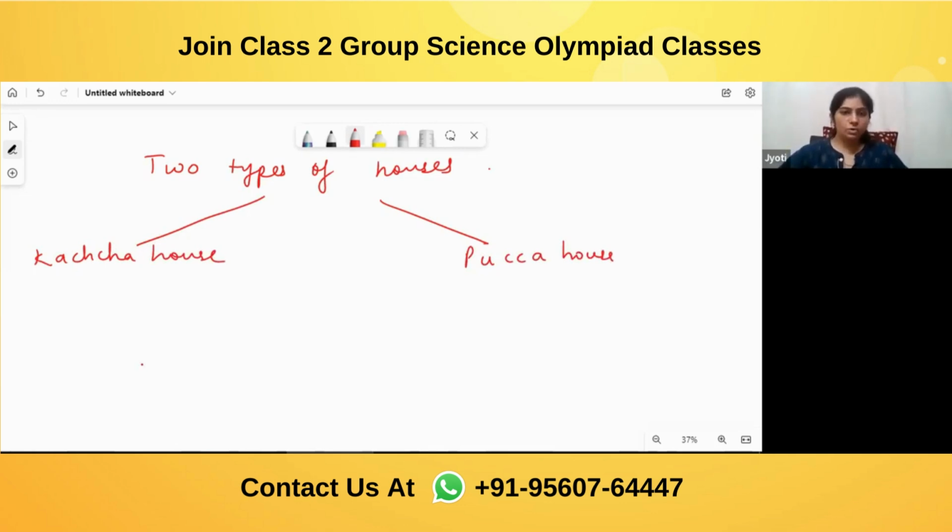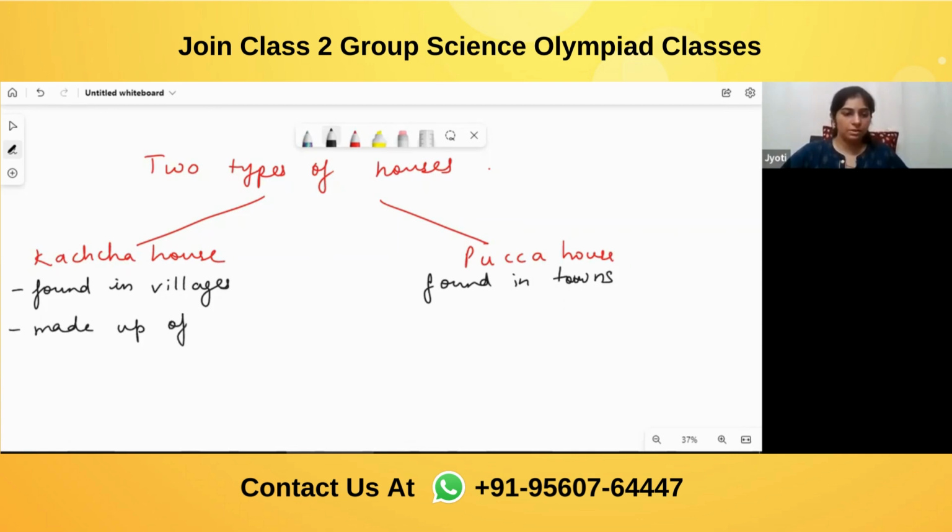This kacha house is found in villages, and this pakka house is found in towns or cities. The kacha house is made up of leaves, straws, mud, bamboos.